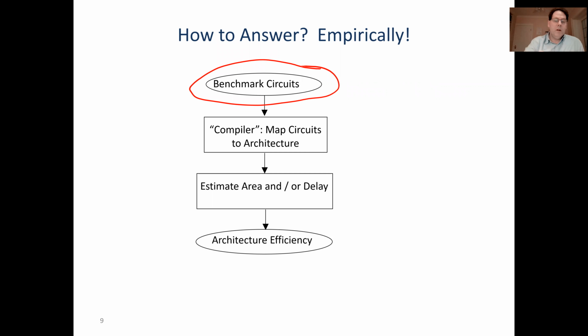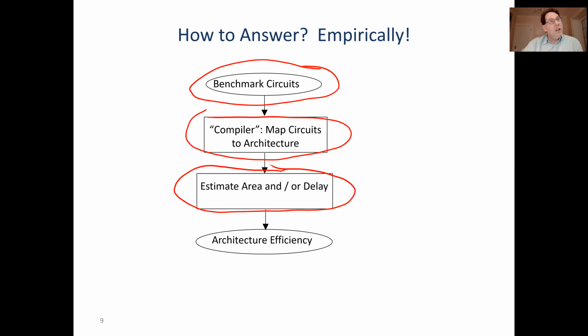We need some automatic compiler, a CAD tool that's going to map circuits to the architecture. Then we want that tool or another tool to automatically estimate the area and the delay. We estimated the area by hand last week, but we don't want to do that by hand, so we'd like to automate that. And then we get architecture efficiency. So we're going to do this empirically.